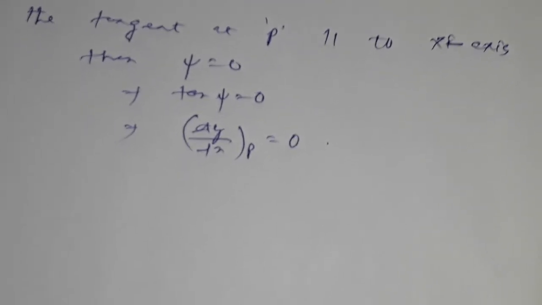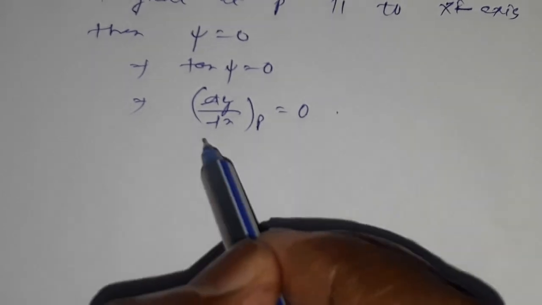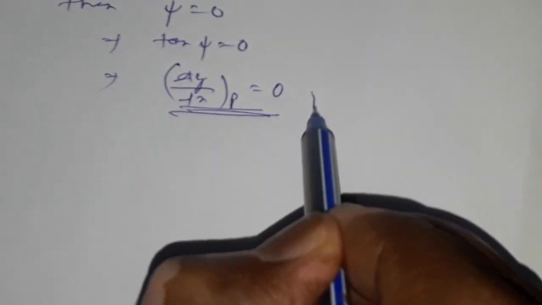If the tangent at P is parallel to the x-axis, then dy/dx at P equals 0.